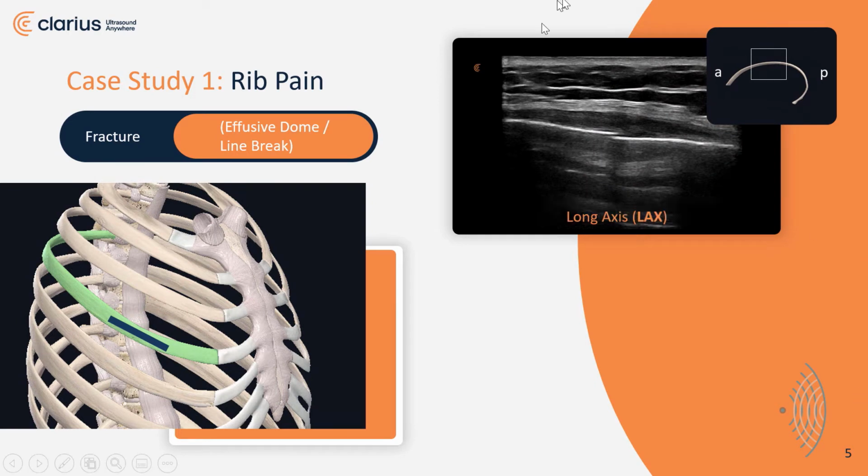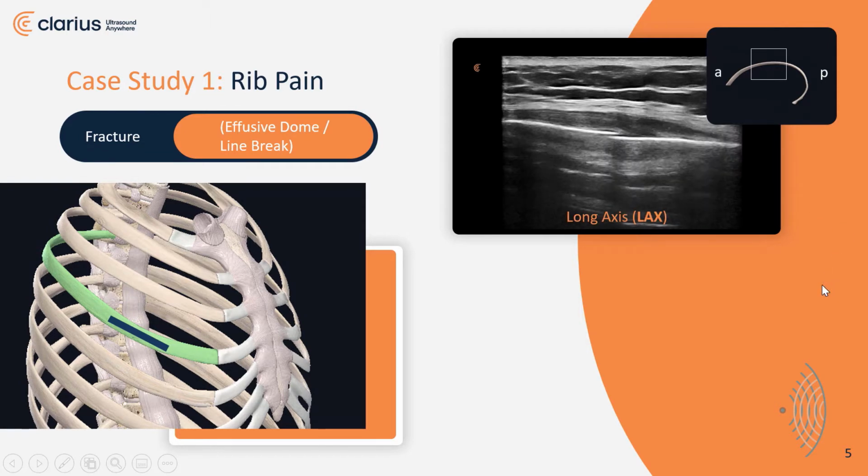If you notice and follow my pointer, the hyperechoic, or the bright line associated with the cortex of the rib, is interrupted, and so a line break in the periosteum is one of the first clues that there is a discontinuum or a fracture in bone. The second area is going to be that there's a dark dome that will form as a metabolic weepage or some effusion, usually right over that fracture area.